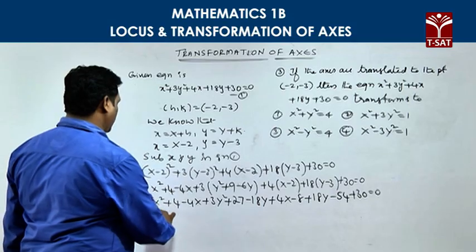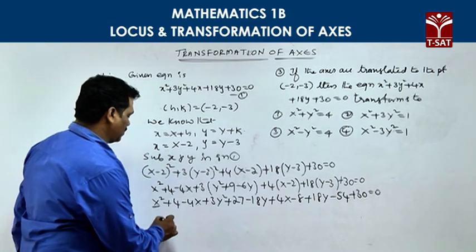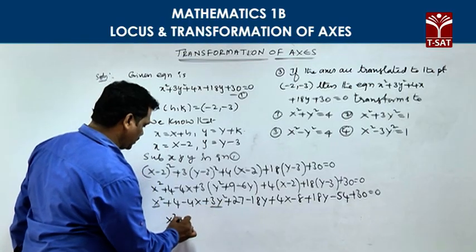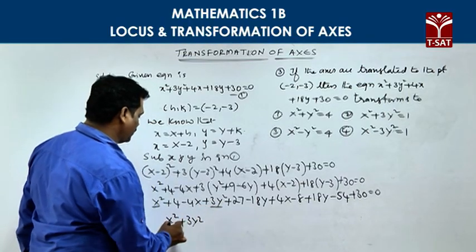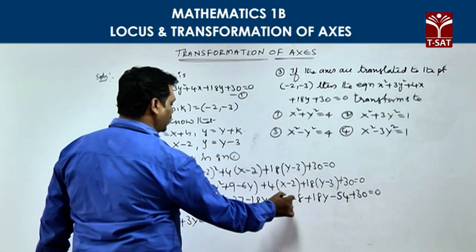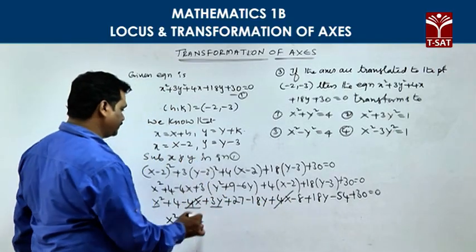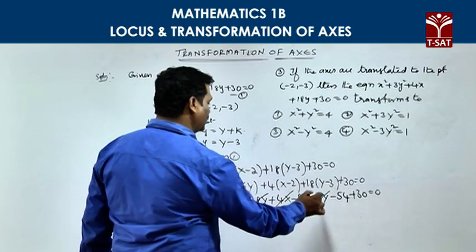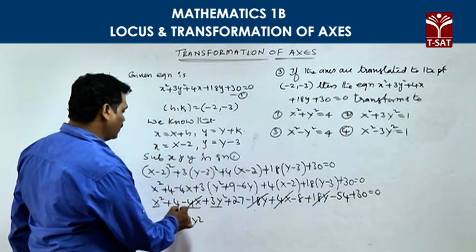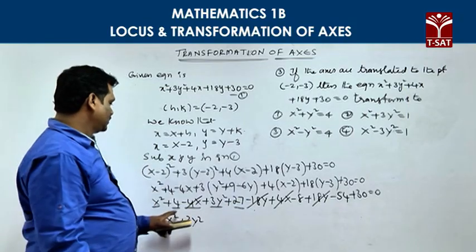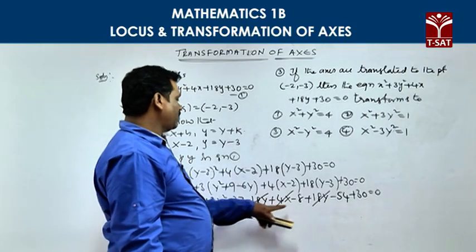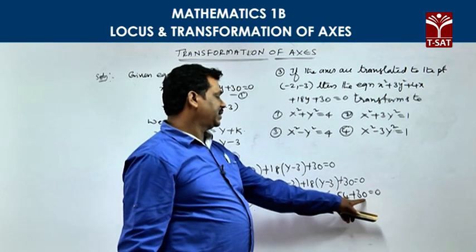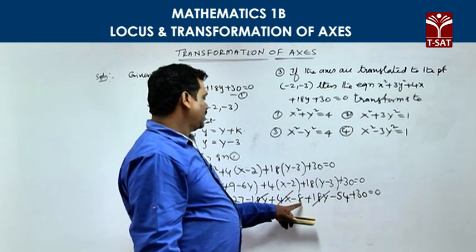So here X² + 3Y² terms remain. Minus 4X plus 4X cancel, minus 18Y plus 18Y cancel. 4 plus 27 is 31, 31 plus 30 is 61.